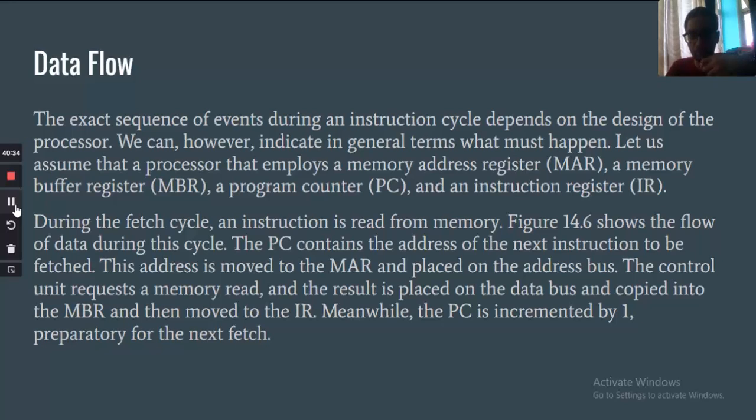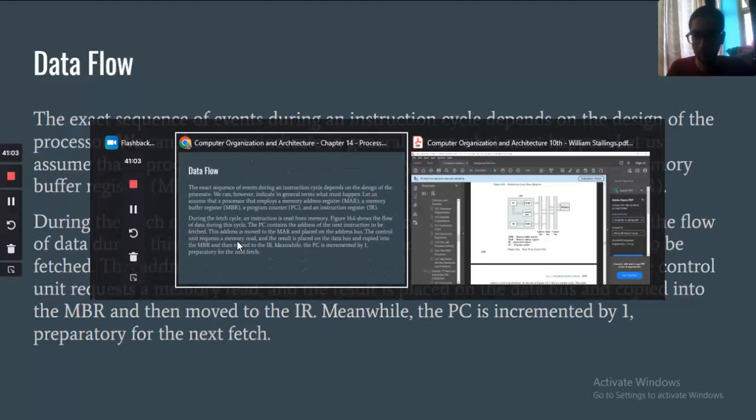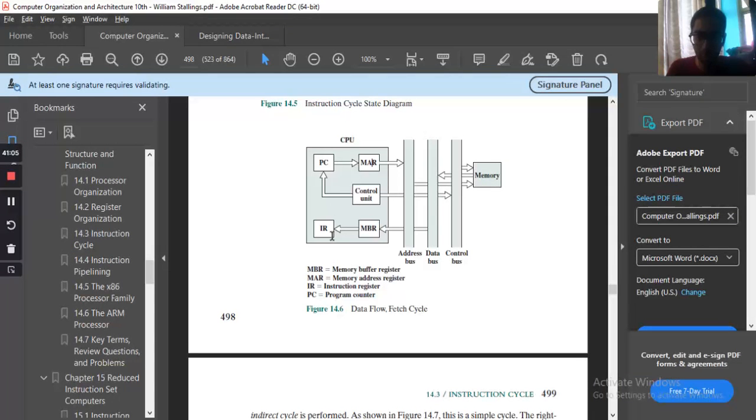Data flow. The exact sequence of events during an instruction cycle depends on the design of the processor. We can, however, indicate in general terms what must happen. Let us assume a processor that employs a memory address register, a memory buffer register, a program counter, and an instruction register. During the fetch cycle, an instruction is read from memory.